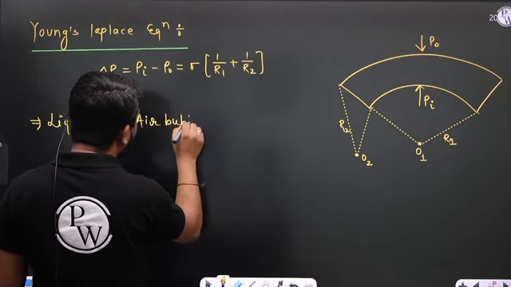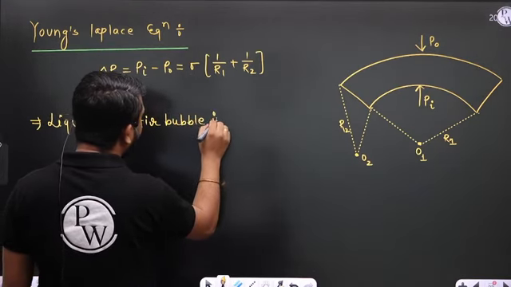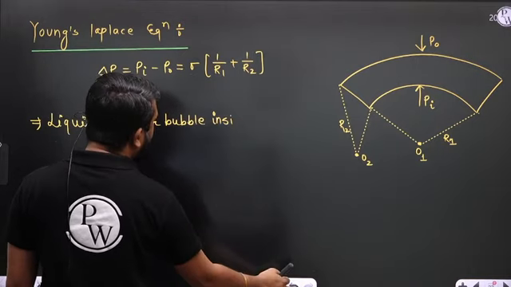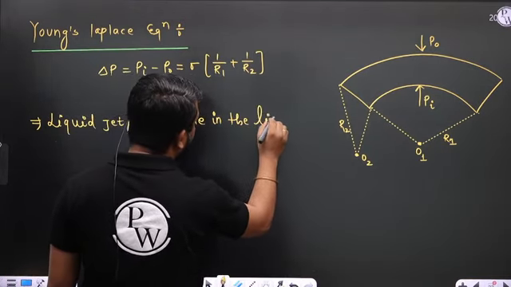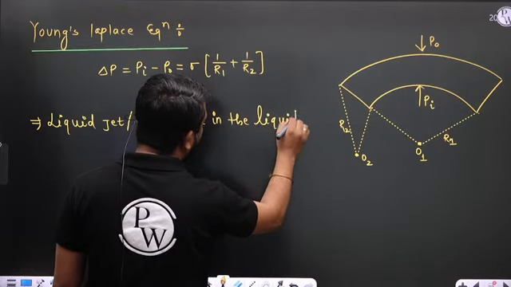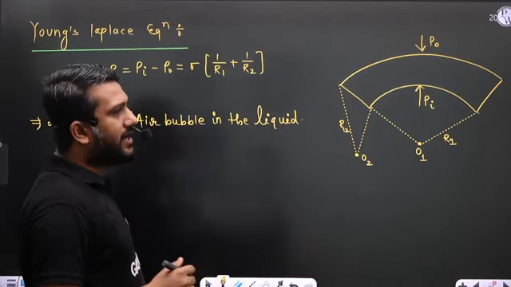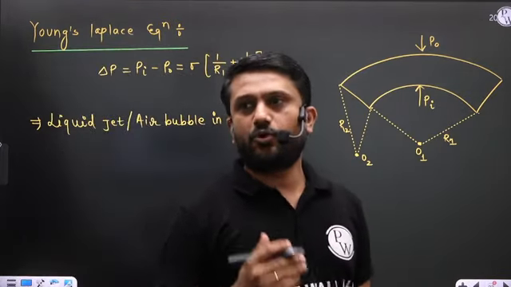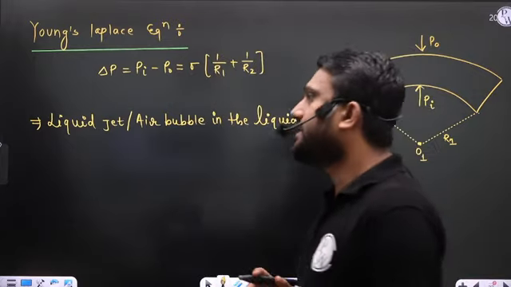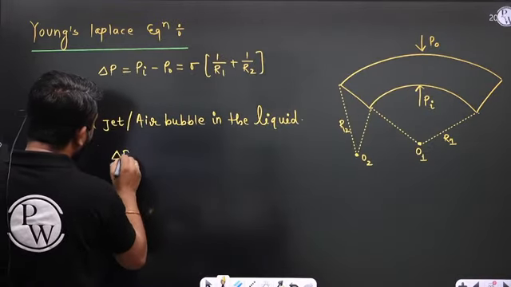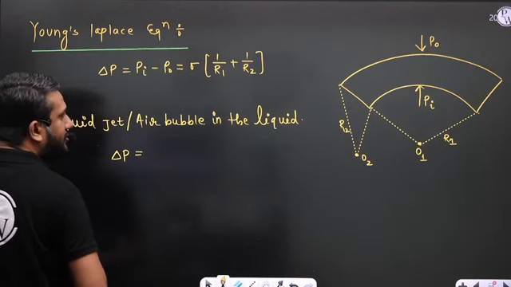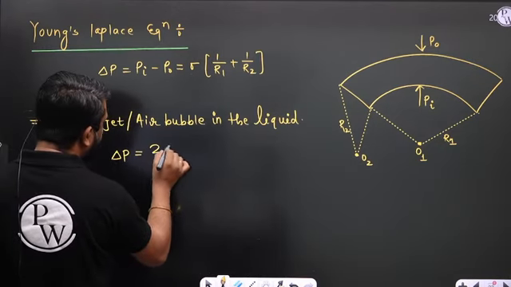So for a liquid droplet or an air bubble in the liquid, you get the same expression, and that is delta P equal to 2 sigma by r.